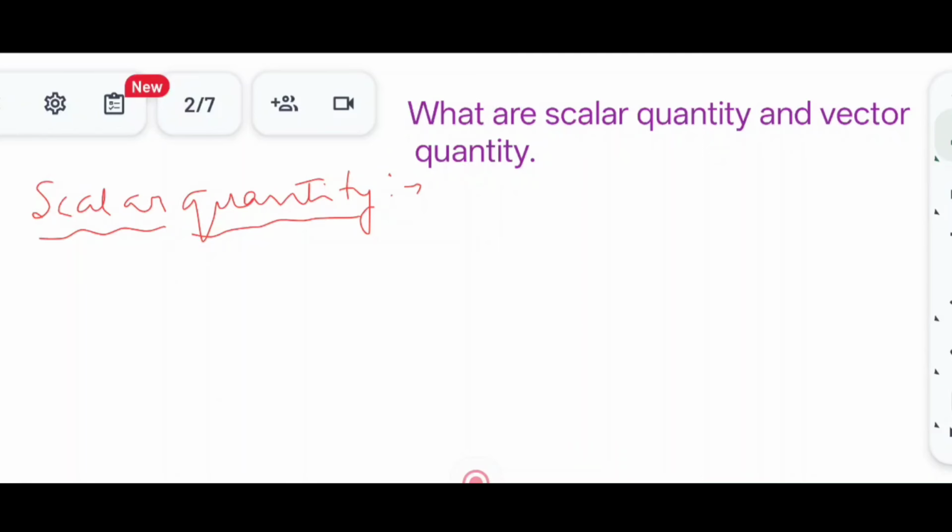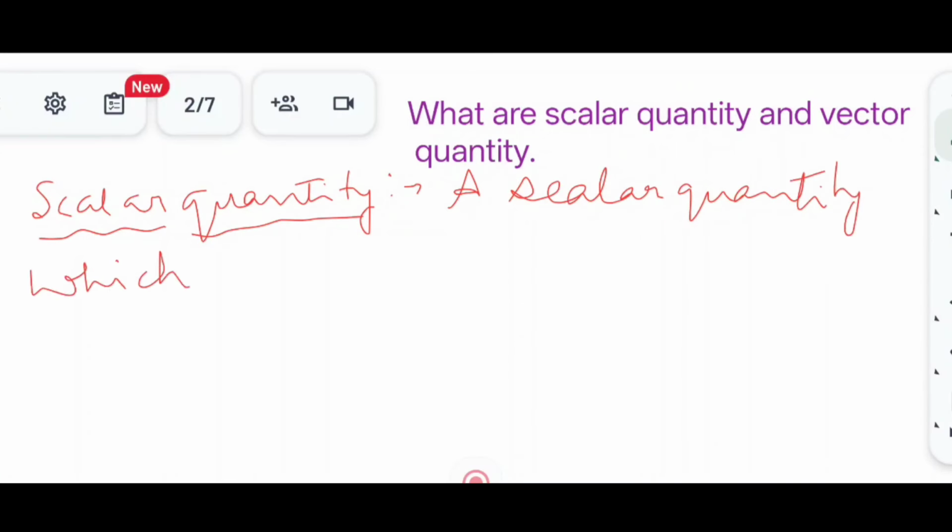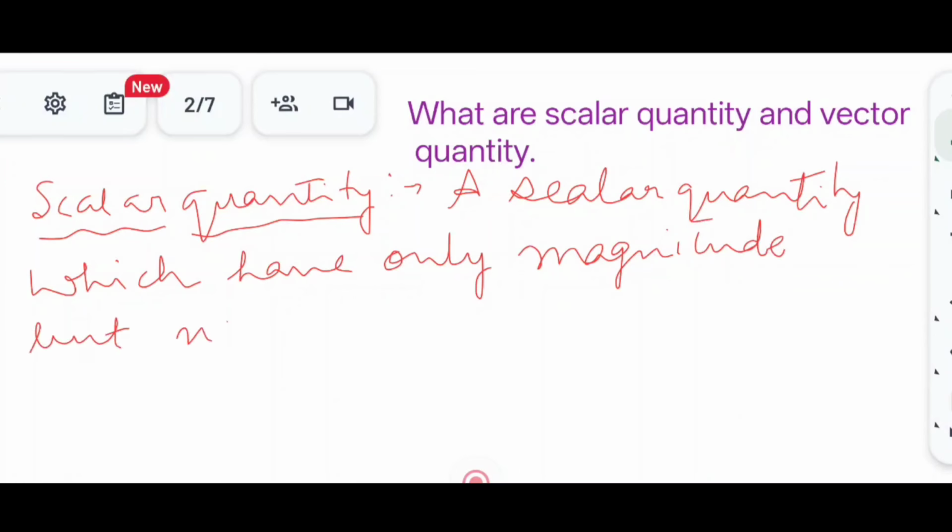A scalar quantity is a quantity which has only magnitude but no direction.